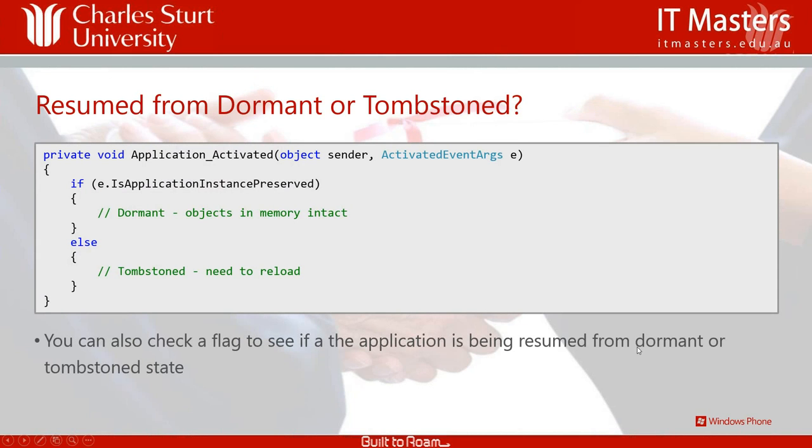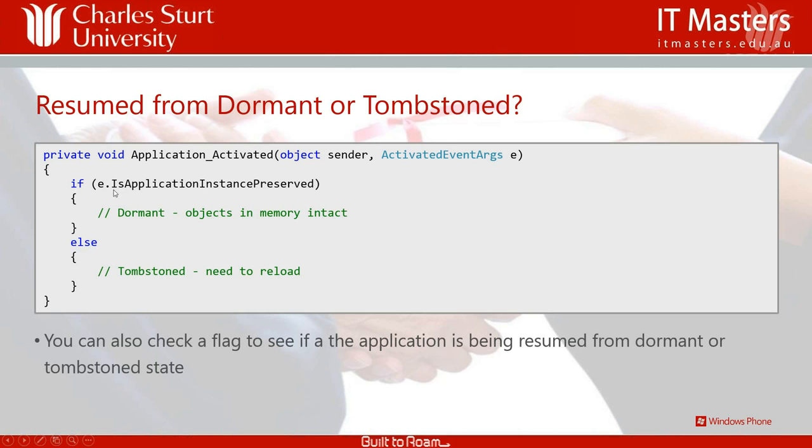So the question comes up, how do we detect if our application has gone into the dormant or tombstone state? Well, one method is in the application activated event. You can see that there's an attribute on the event arguments that is application instance preserved. Now, I don't know why they didn't call it is dormant or is tombstone. That would seem a much easier thing to work with, but we can't change what they called it.